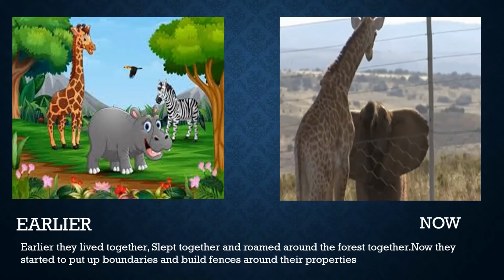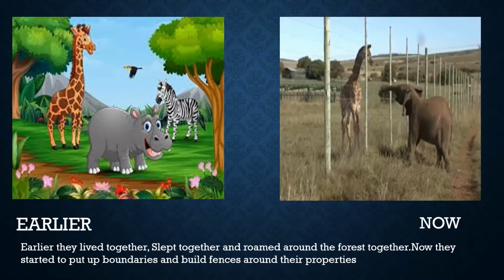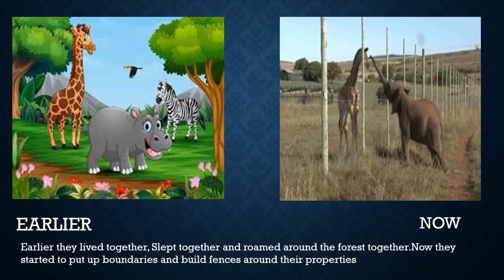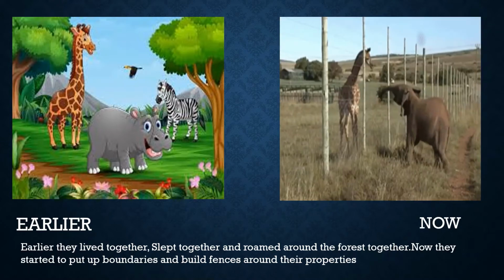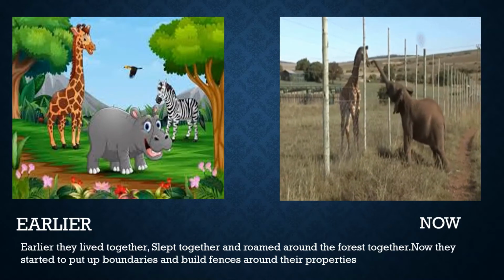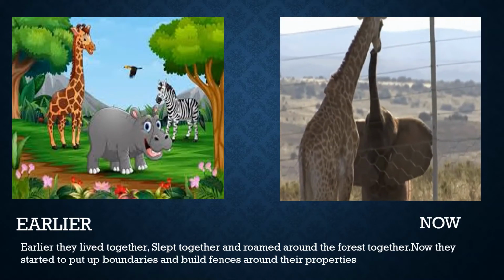But now, what was the condition? Now they started to put up limits, boundaries or borders, and built protection around their properties, so that no other animals should enter their limits. So they are apart from each other.